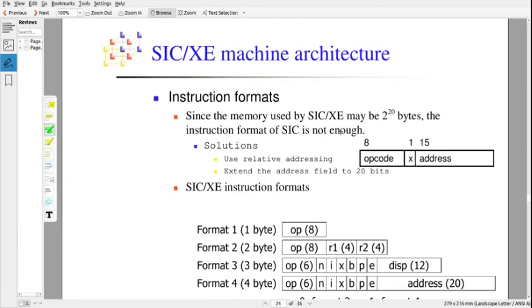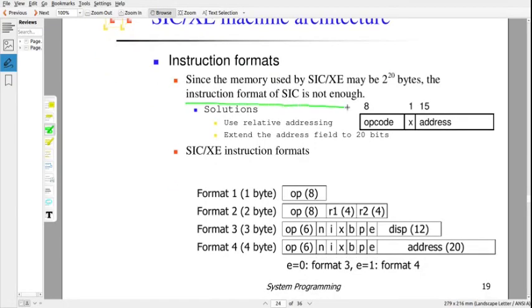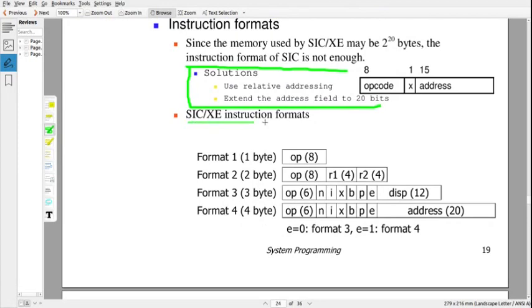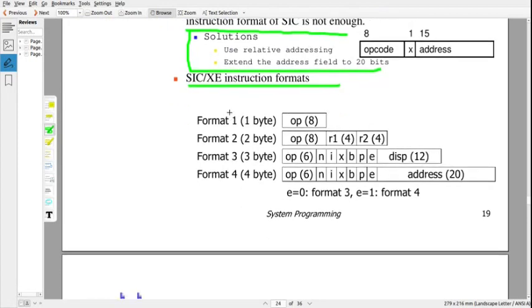So the SIC/XE machine supports all the instruction formats supported by the SIC machine. One solution we can use is to extend the address field; the second is to use the relative addressing mode. Both these options are available in SIC/XE. The instruction format is broadly classified into 4 categories.